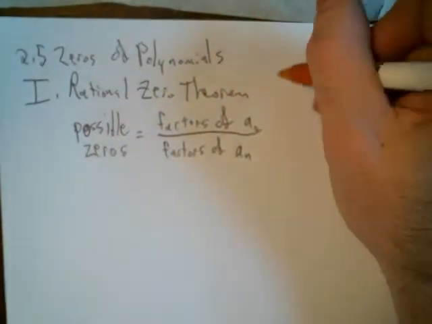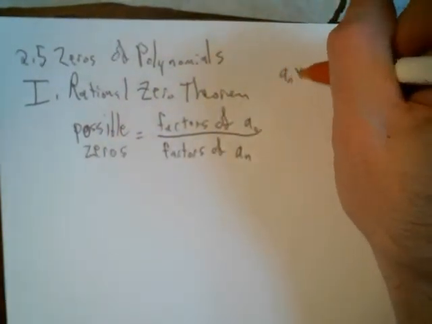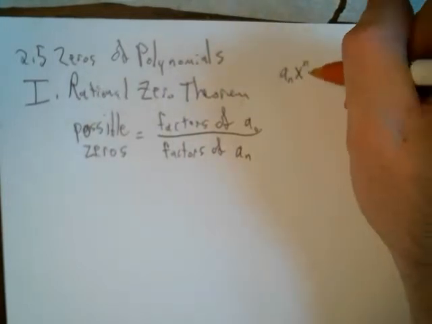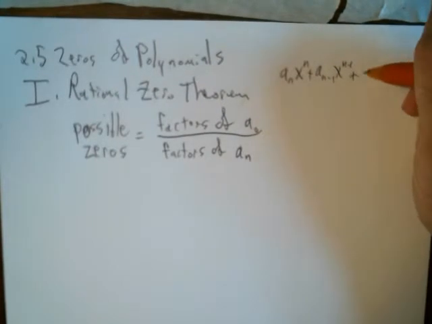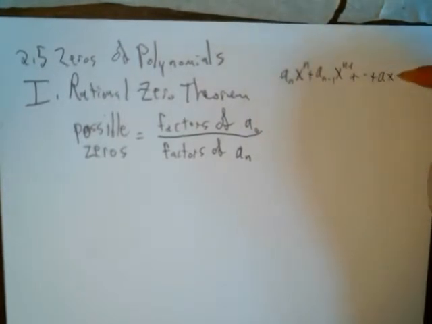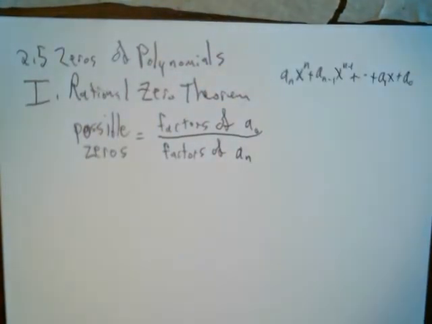So the polynomial form is a sub n x to the n plus a sub n minus 1 x to the n minus 1 plus dot dot dot plus a sub 1 x plus a sub 0. Okay, so it's that thing. That's what these a sub 0s and a sub n's are.